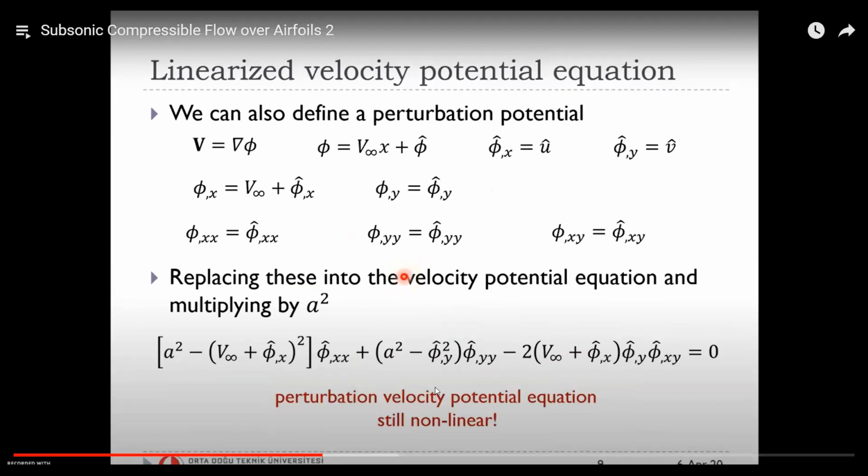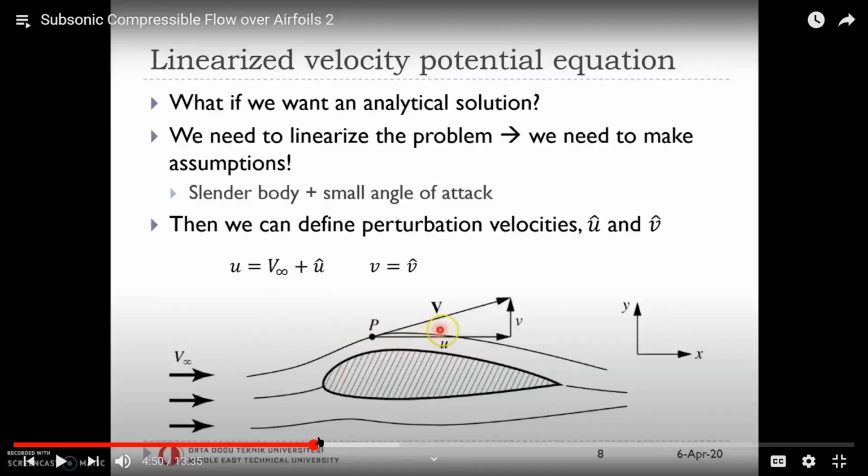Sorry, I would like to make a comment here. Let me go back to this figure. Basically, our governing equation, which is the equation we got in terms of phi, one single equation representing conservation of mass, momentum, and energy, is a nonlinear equation.